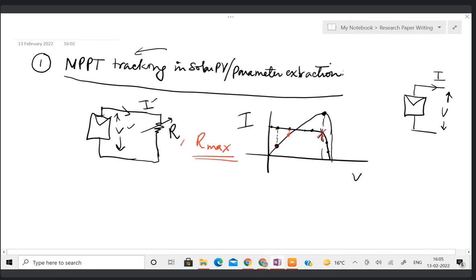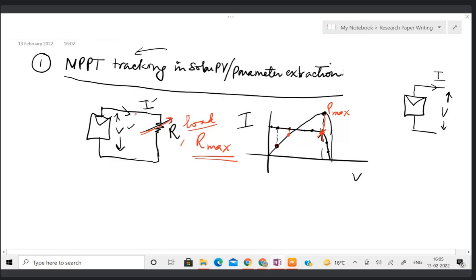This value of R max is here, and that will correspond to this P max power. But the issue is that we are not allowed to change the load. Load is normally fixed, isn't it? So how to tackle this problem?